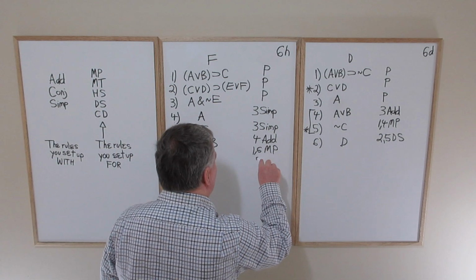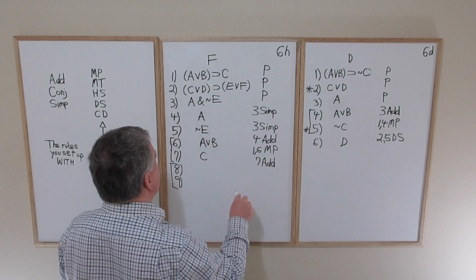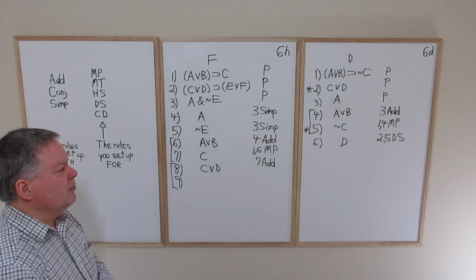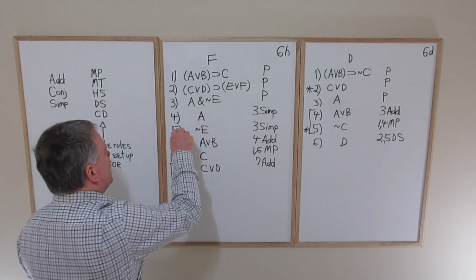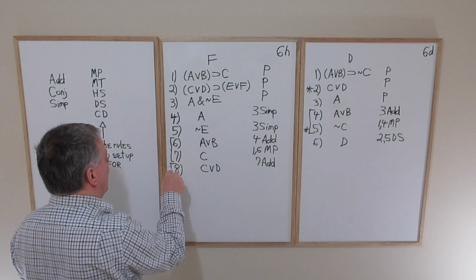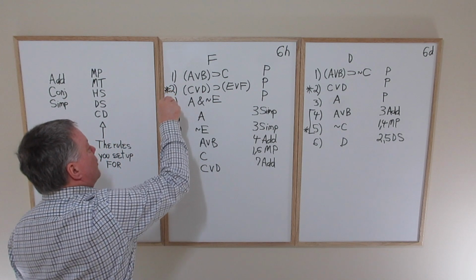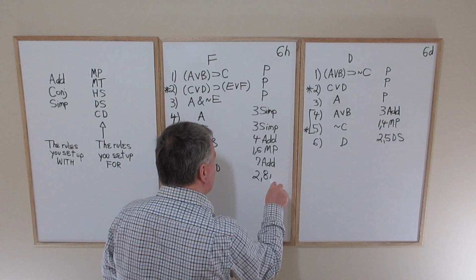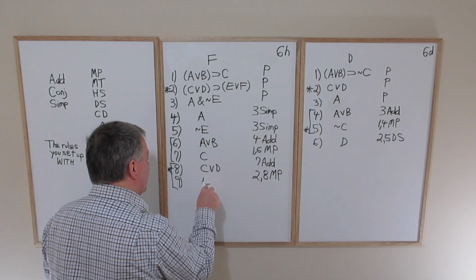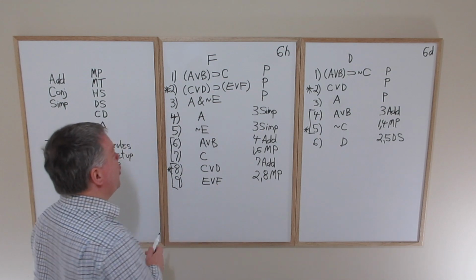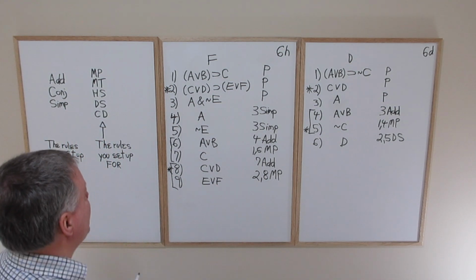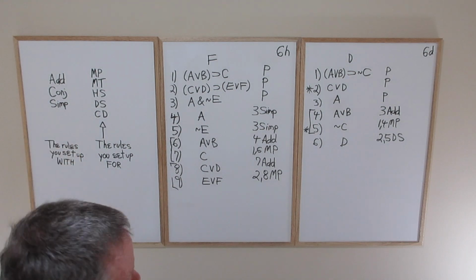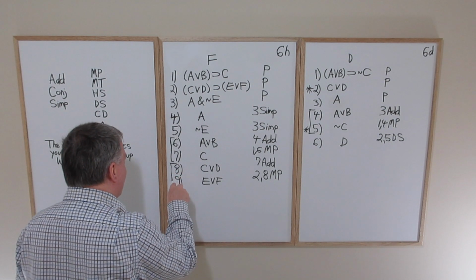So this is 7 addition, and the addition we want to make, of course, is C or D, because that's the one that's going to be useful for us when we move to 2,8 modus ponens, to derive the consequent of the conditional in line 2, which is the disjunction E or F.